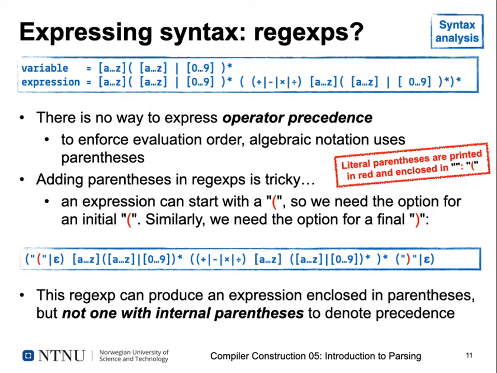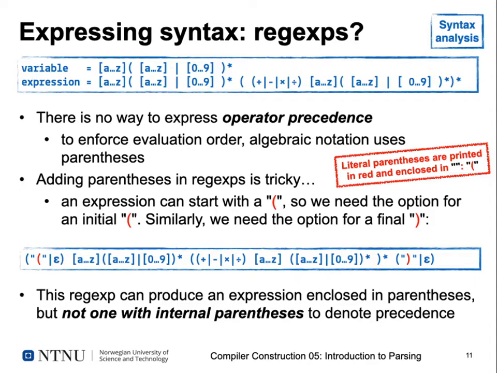So when we want to use a literal parenthesis character, we have to include it in double quotes as shown here: double quote, opening parenthesis, and another double quote. This is a bit tedious, but that's the way we need to do it, because our computer needs to be able to figure it out. So adding parentheses in regular expressions is quite tricky.